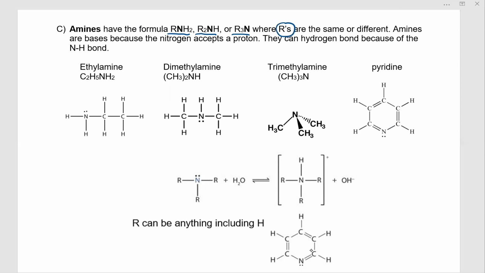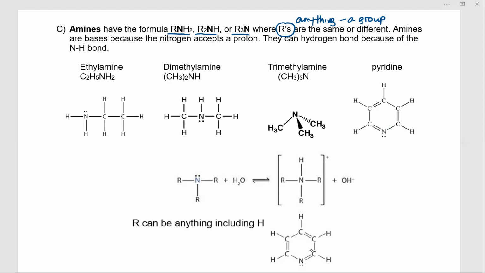Well, R can be anything. It's a group. The R's can be the same or different. The amines are bases because the nitrogen accepts a proton on the lone pair. They can hydrogen bond if they have an NH bond.